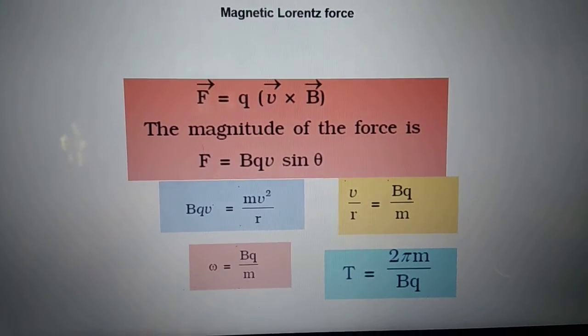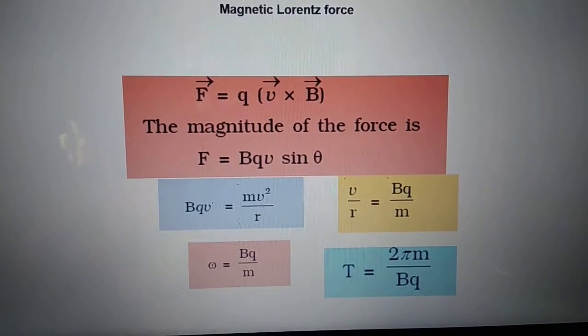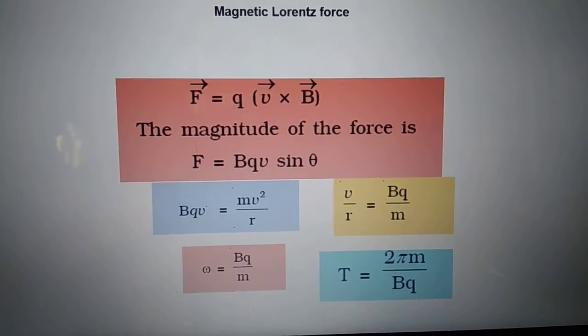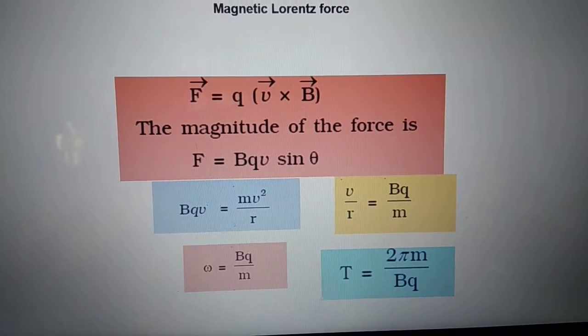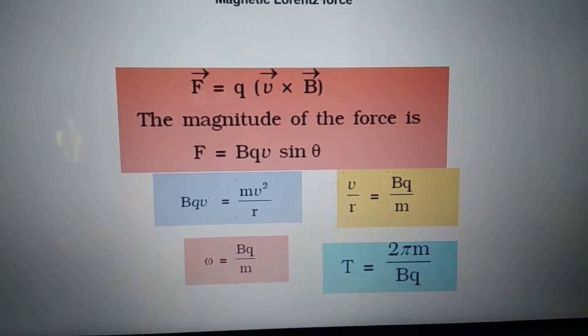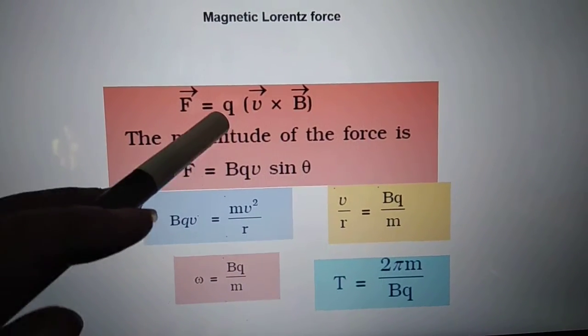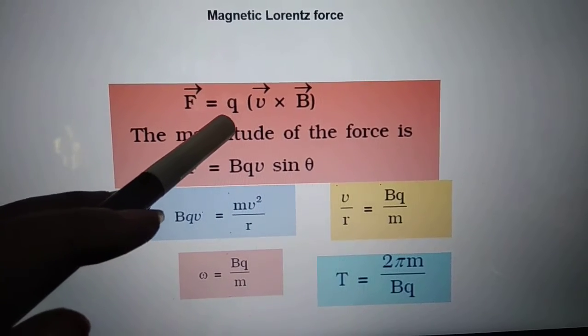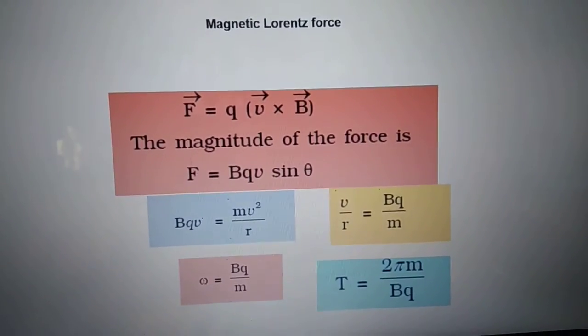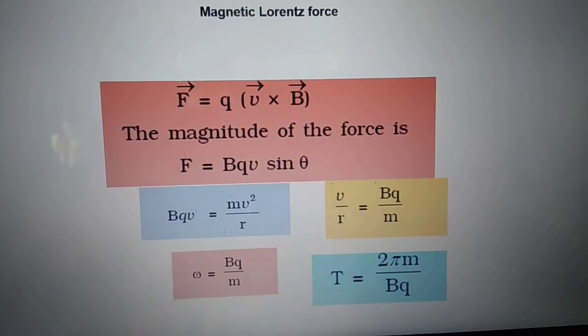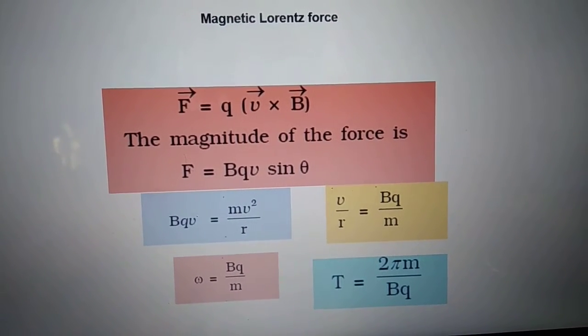The force exerted by a magnetic field on a current carrying conductor is known as the magnetic Lorentz force. And the formula to calculate the magnetic Lorentz force is F is equal to Q, where Q is the charge, V is the velocity, cross B. Okay, this is the formula to calculate the magnetic Lorentz force.